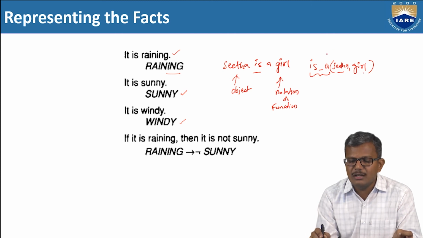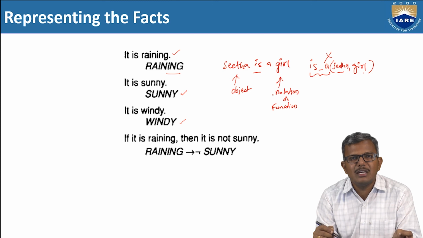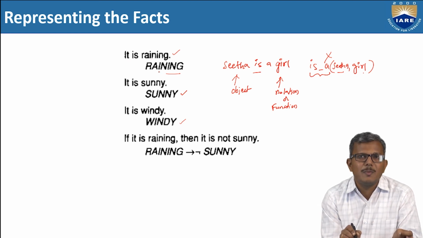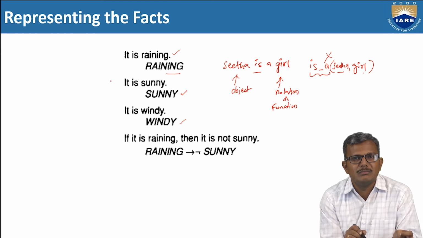This kind of representation we are not going to see further. We are trying to simplify the knowledge representations by using this logic or some logic languages. That's why if it is raining, I am saying simply raining. I am not saying is raining. It's not necessary. They are general words. It is sunny, simply sunny. It is windy, simply windy.